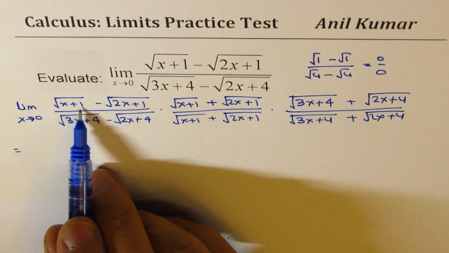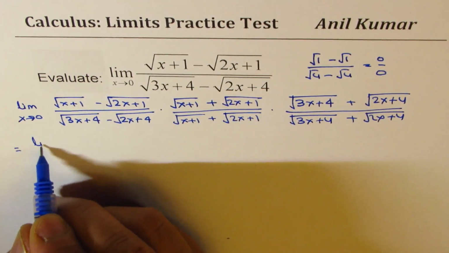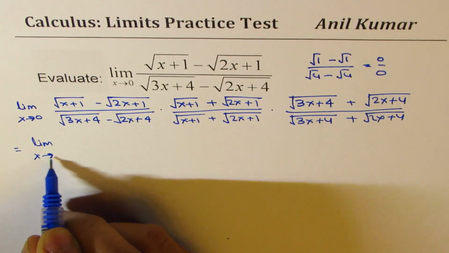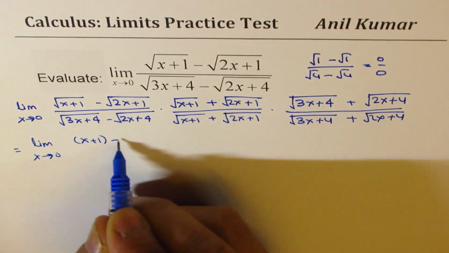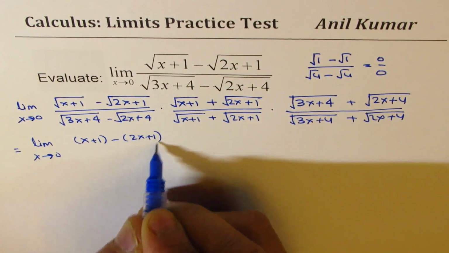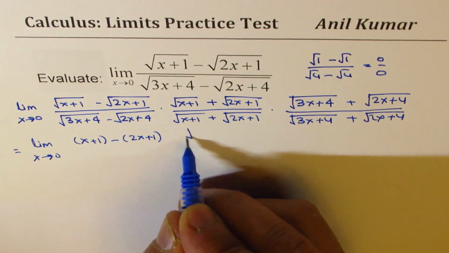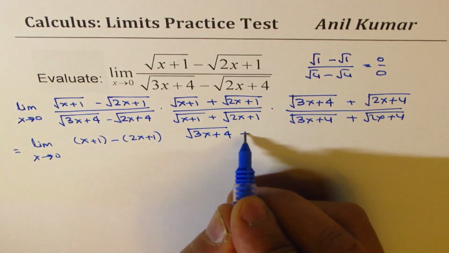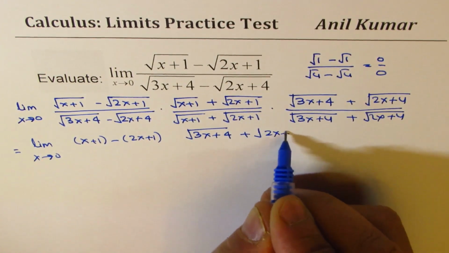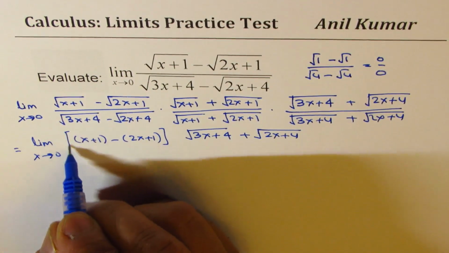Now, a minus b times a plus b is a square minus b square. So what we get here is, when you multiply these two terms, we get x plus 1 minus 2x plus 1. And we are left with this term, so let me write that as square root of 3x plus 4 plus square root of 2x plus 4, correct?